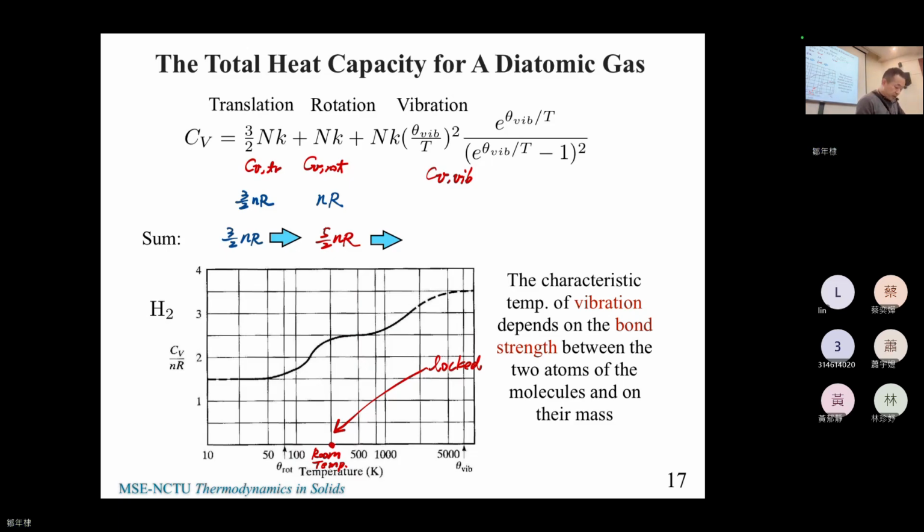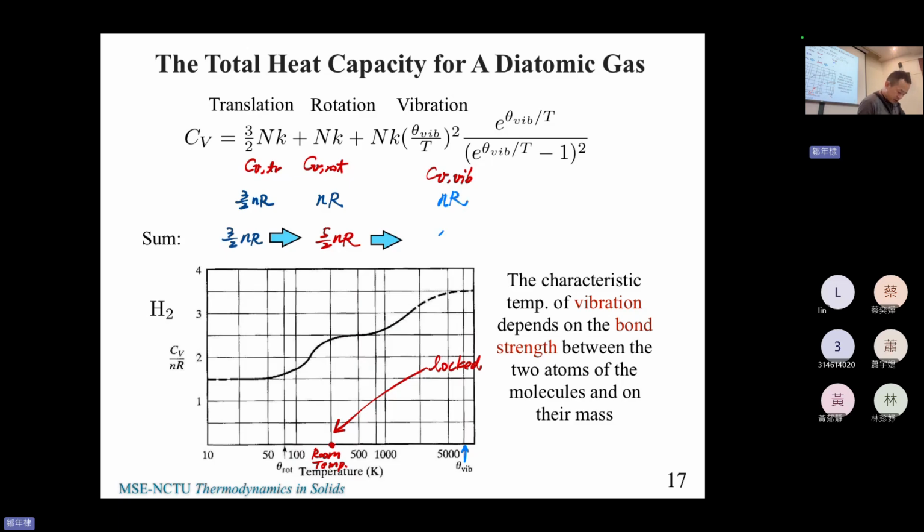But if we go to a higher temperature, like theta vibration here, it will become activated and contribute NR as well.